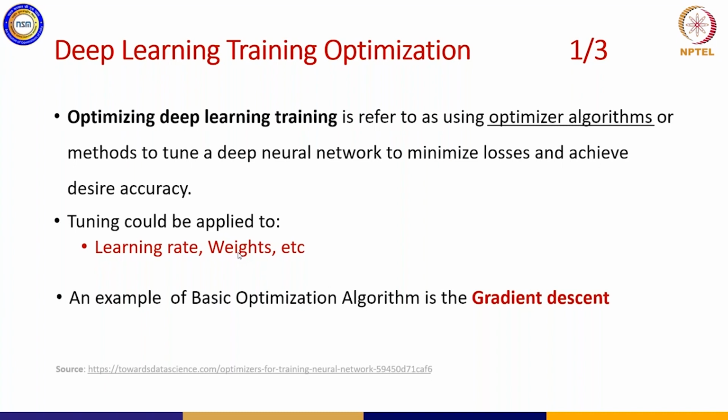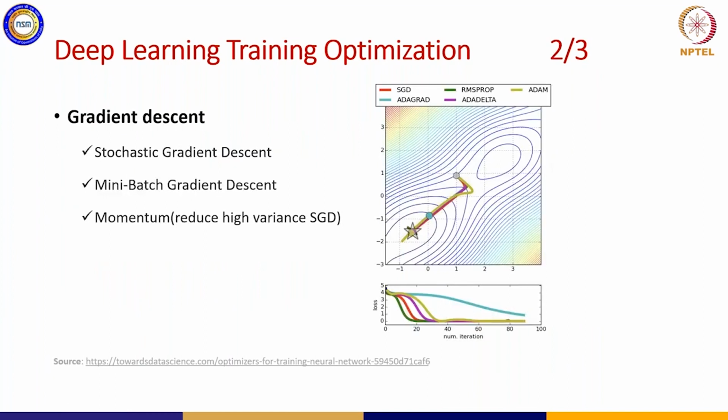Gradient descent is commonly used, and we have different types. I've listed three here. We have stochastic gradient descent, which picks the data in batches randomly using probability.